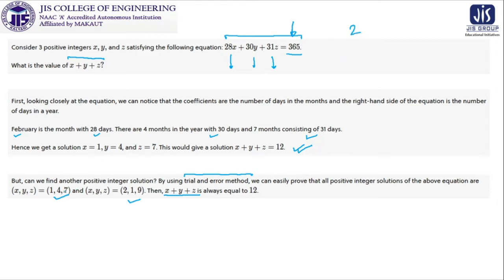Then 30 is reduced to 1 from 4, that means you are reducing 3 days here, and 28 is increased to 2, that means you are increasing 1 day here. So ultimately you are balancing the summation, but the values of x, y and z are different, though x plus y plus z is the same.